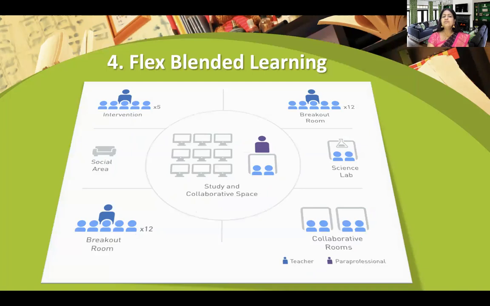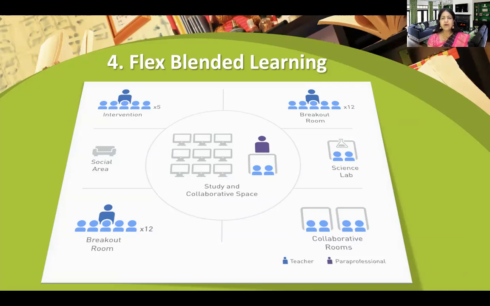And number 4 is flex blended learning. What is flex blended learning? It is a model in which online learning is the backbone of the student learning, even if it directs students to offline activities at times. So students move on an individually customized fluid schedule among the learning modalities.